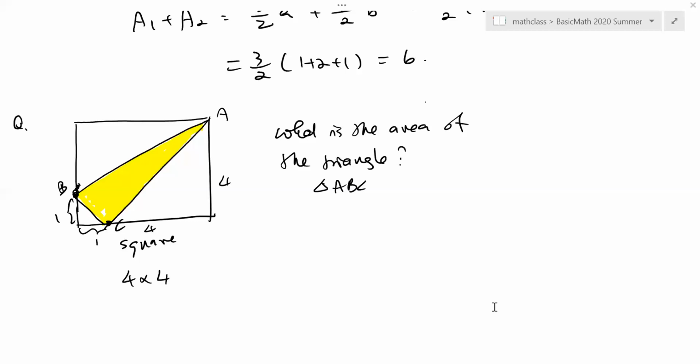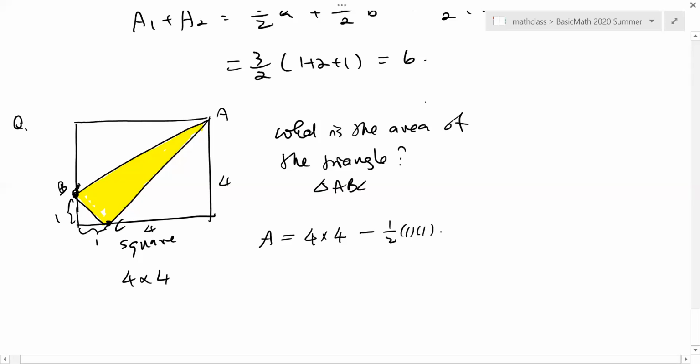Yeah, use a subtraction. You know the formula for the area of a triangle, right? Just one single formula, practice. Okay, so we use the same idea. First of all, the area of the square is 4 times 4. Then we subtract the area of each right triangle surrounding it. Okay. So the little one is 1 times 1, divided by 2, right?